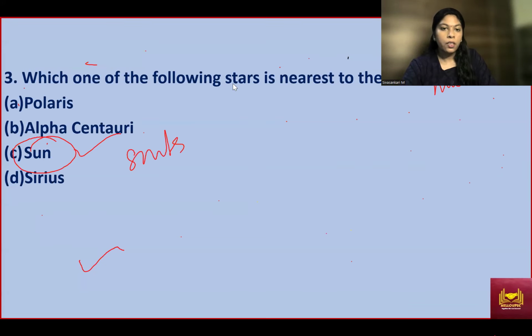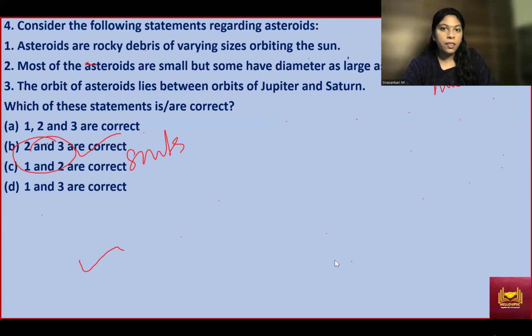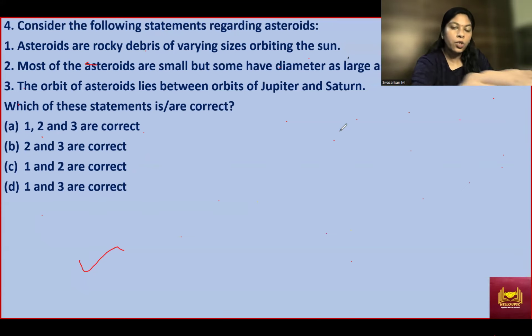Consider the following statements regarding asteroids. This type of question has come. Asteroids are rocky debris of varying sizes orbiting the Earth. Asteroids orbit around the Sun, not the Earth. Yes, they are debris. Most of the asteroids are small, but some have a diameter as large as 1,000 kilometers.